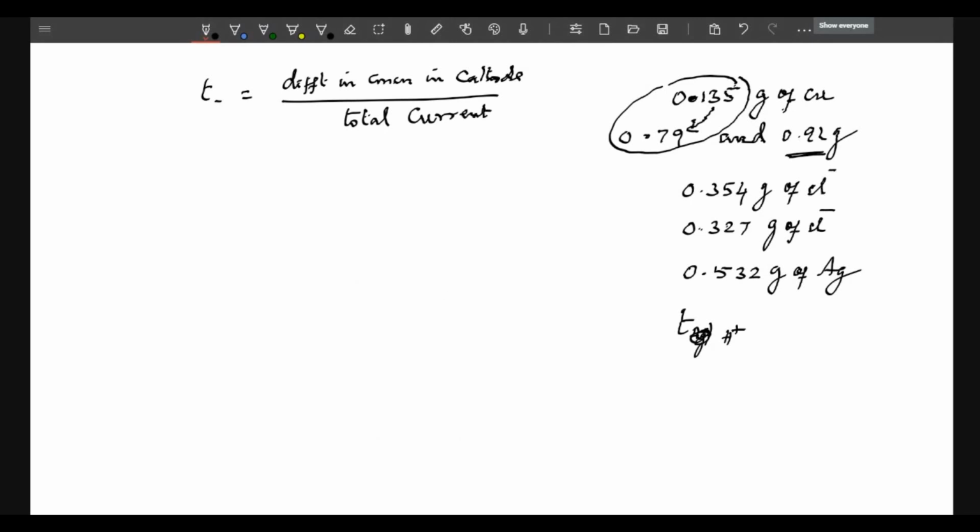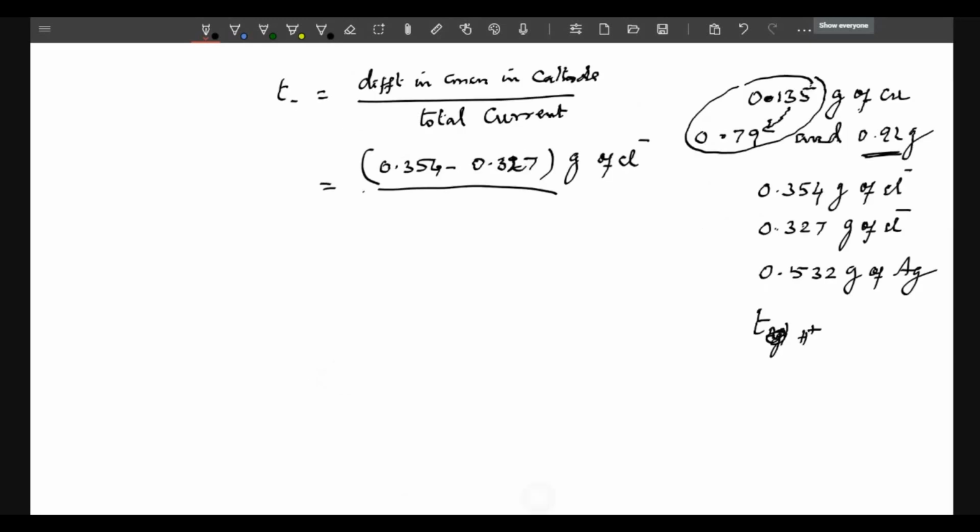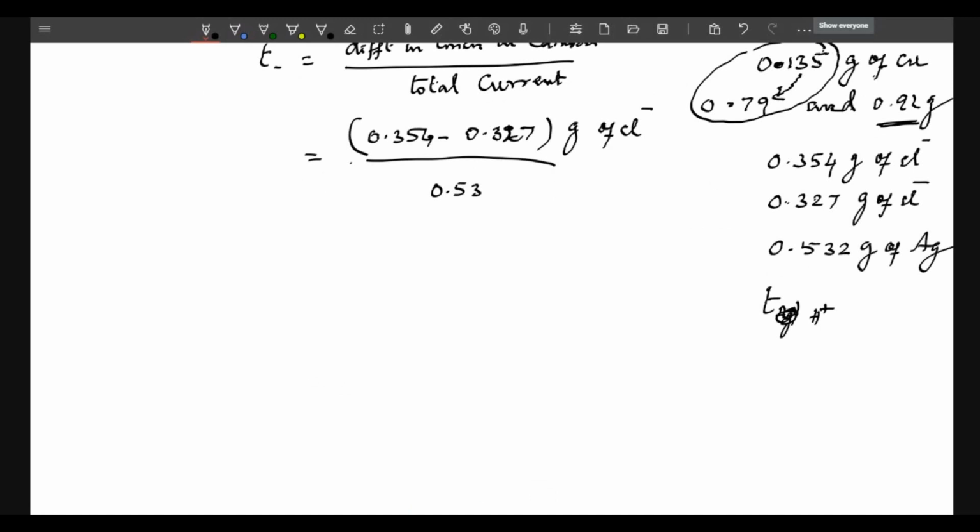Difference in concentration of the cathode, they have given before and after, 3.54 minus 3.27 gram of chloride, divided by the total current passed, which is given by 0.532 gram of silver.